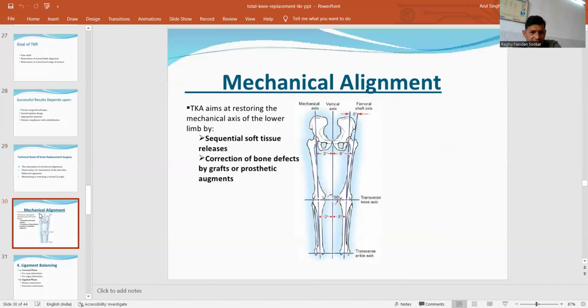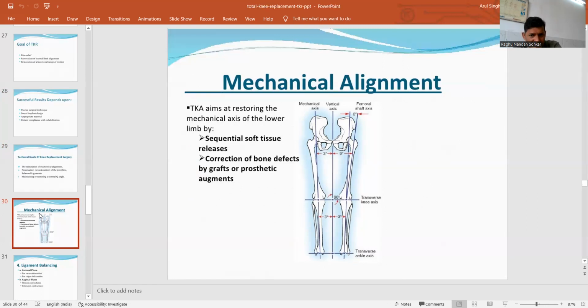Mechanical alignment: total knee arthroplasty aims at restoring the mechanical axis of the lower limb by sequential soft tissue release and correction of bone defects by graft or prosthetic augment.